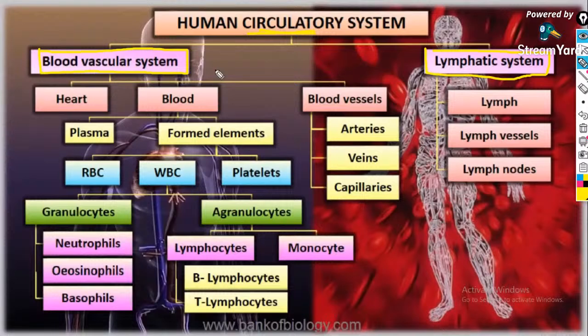So, the blood vascular system and the lymphatic system. The blood vascular system is again divided into two, that is the heart and the blood.